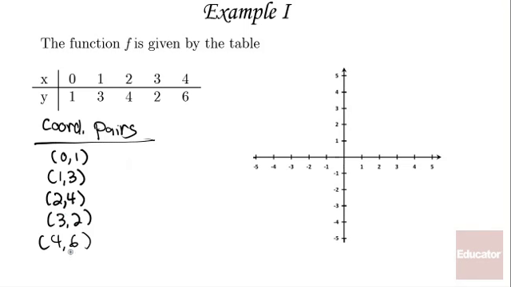I'm going to look at my coordinate plane, and my first value is 0, 1. Therefore, I'm at 0 on the x-axis and at 1 on the y-axis. That is for my first coordinate pair, 0, 1. For my second coordinate pair, x is 1 and y is 3.